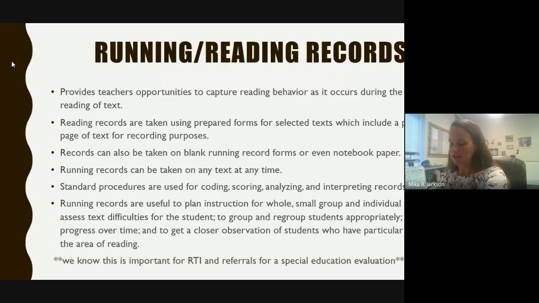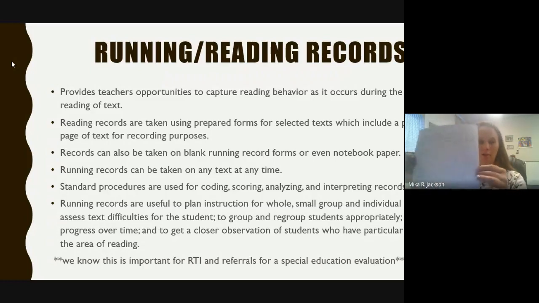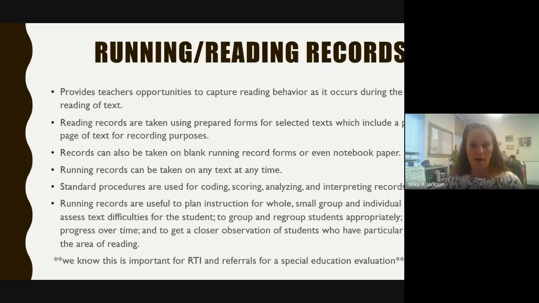That's in your little pack of goodies that I sent. You have the running record form that's blank, and you can use that to check mark and take a running record that way. So running records can be taken on anything you read at any time.